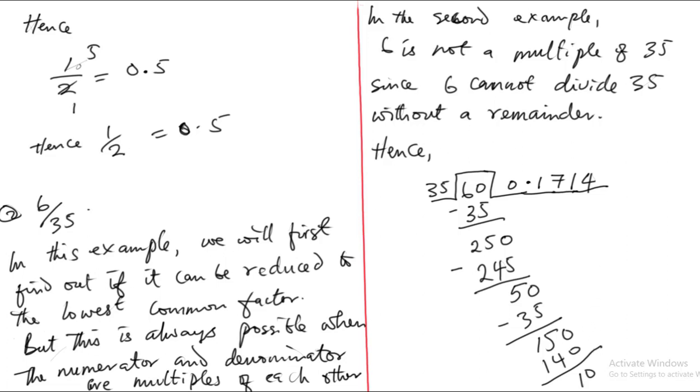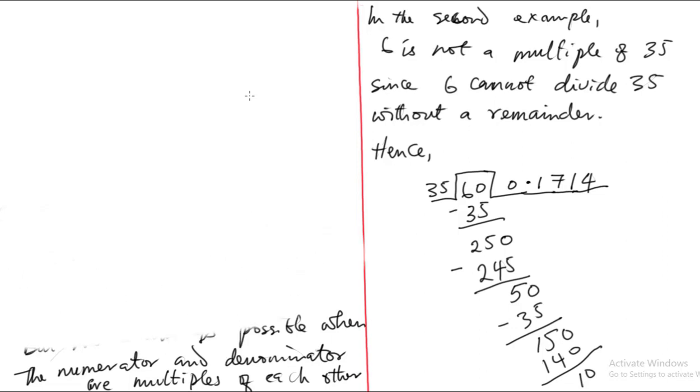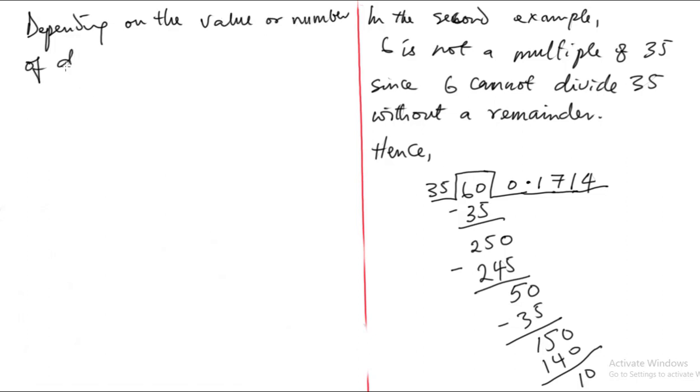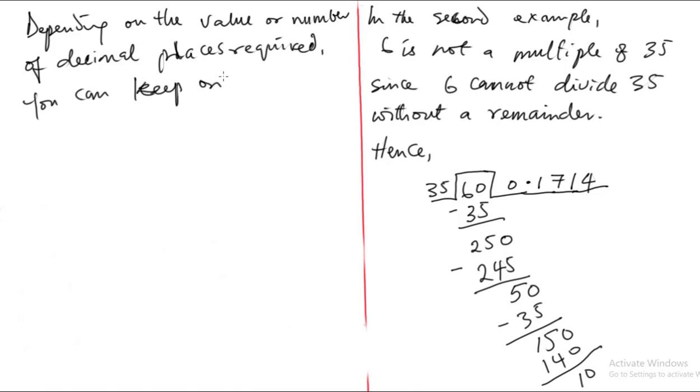If you take a look at the breakdown here, you see that we can go on dividing and getting a lot of decimals. Depending on the number of decimal places required, we can go ahead and keep dividing.